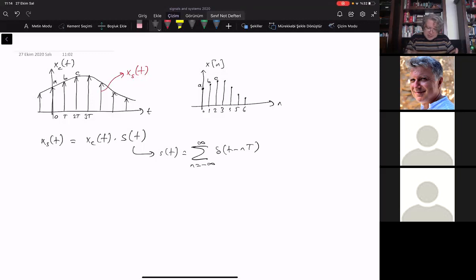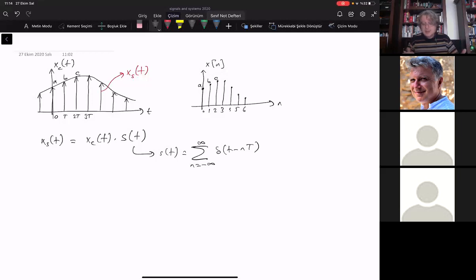Of course, since it's a multiplication in time domain, the Fourier transform relation between x sub c and x sub s will be a convolution of the Fourier transforms of x c of t and S of t.